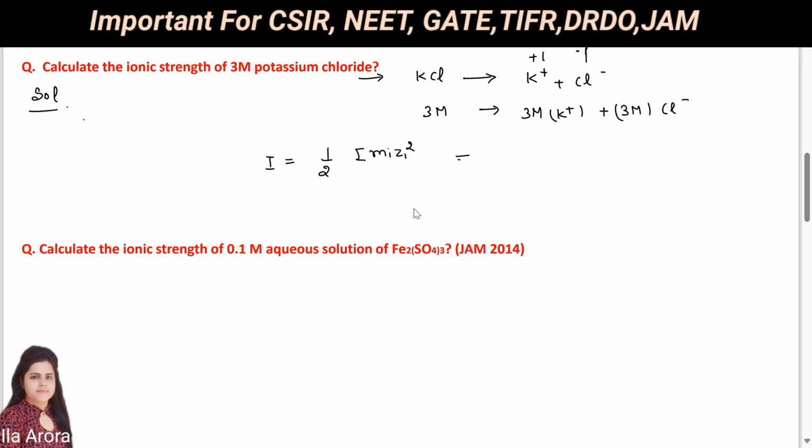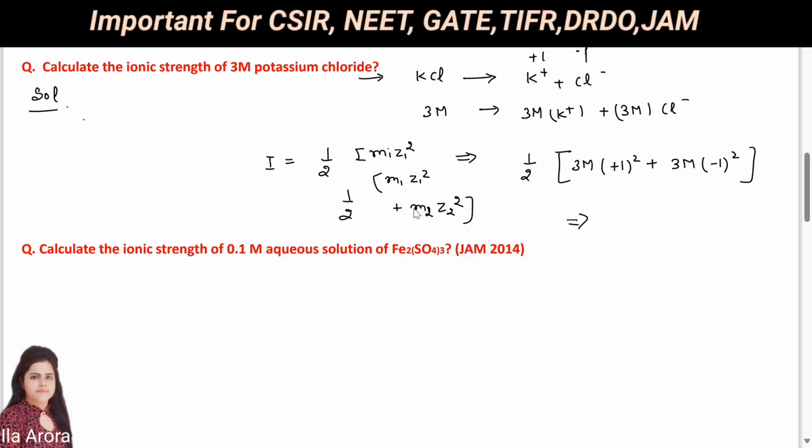There are two ions, so for K positive I will consider M1Z1 square, and for Cl negative I will consider M2Z2 square. So it will become half, M1 means K positive, concentration is 3M and charge is +1 square, plus M2 means the chloride ion, again concentration is 3M and charge is -1 square. So this is how you will get 3M, right?